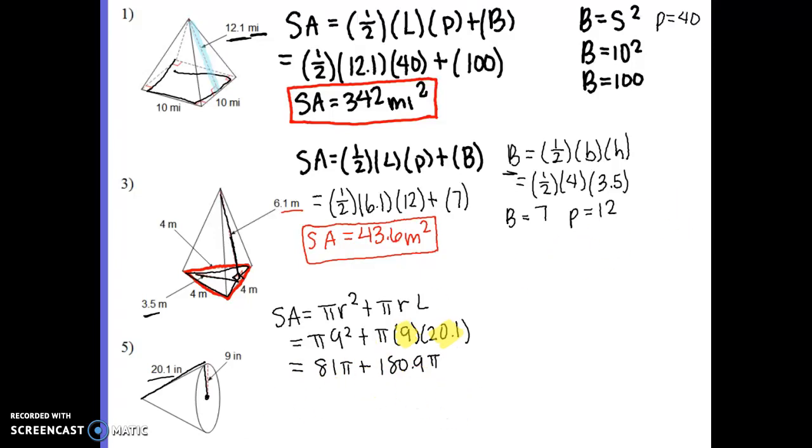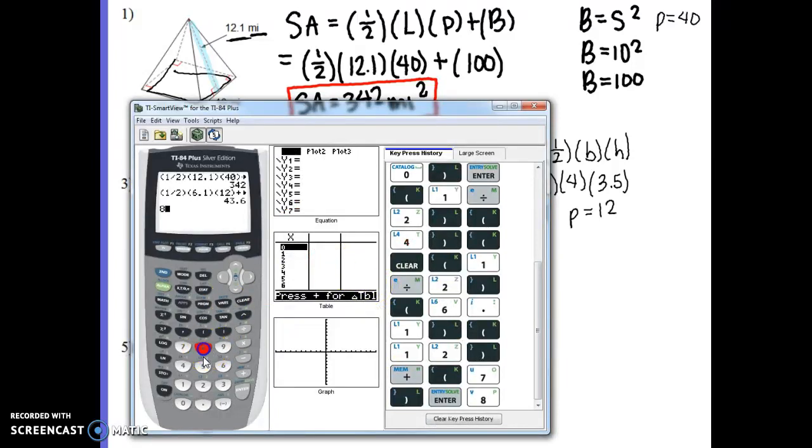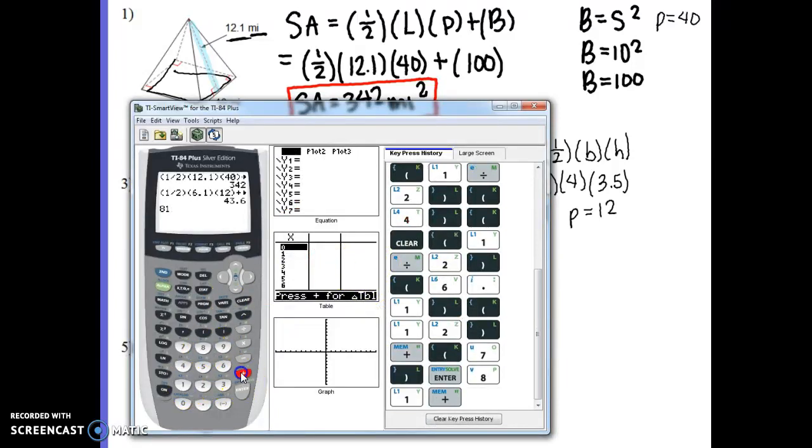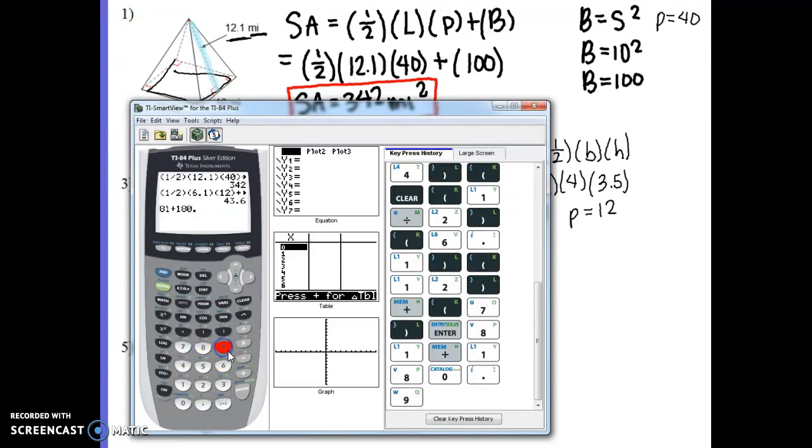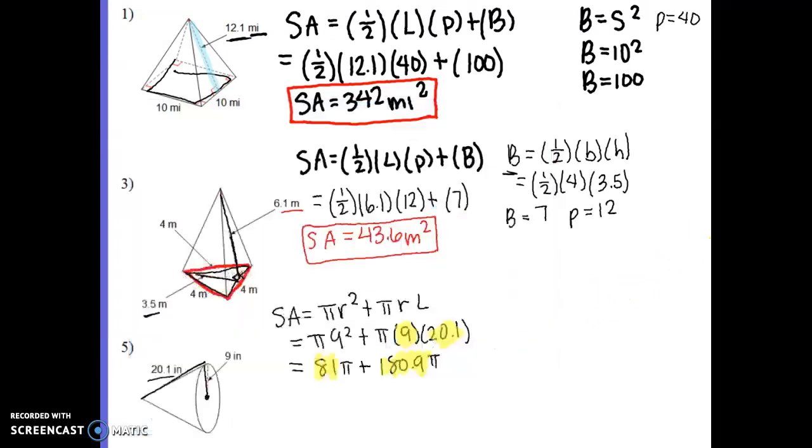If we are just doing pi, I am going to be adding just these numbers. So we grab our calculator. 81 plus 180.9. Click enter, and we have 261.9. But of course, do not forget that pi. I'm going to drop it right here. So that's one of our answers.